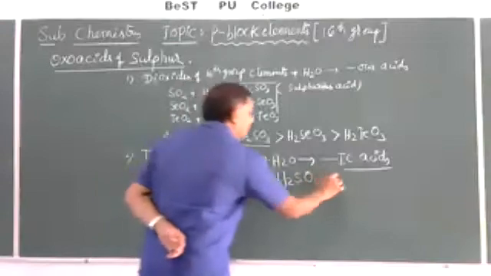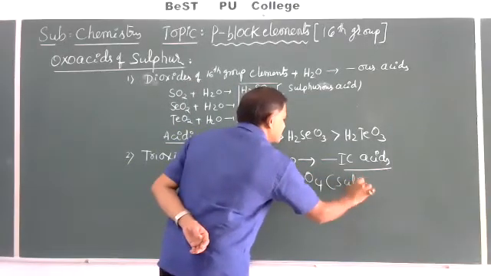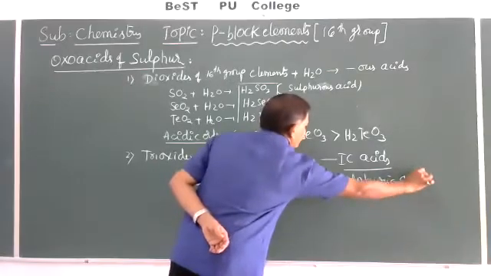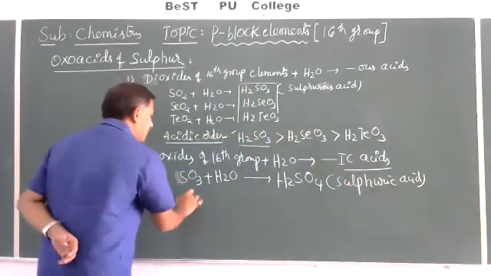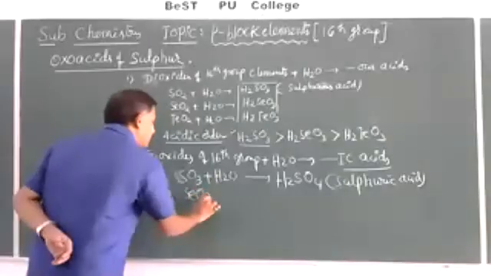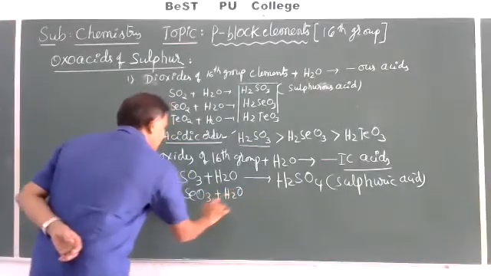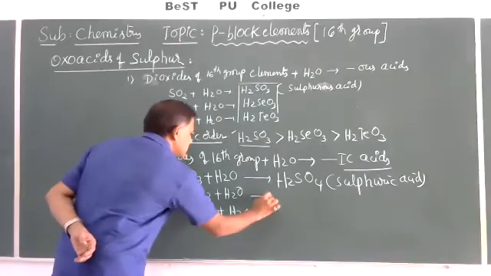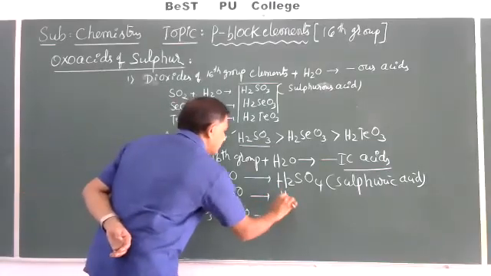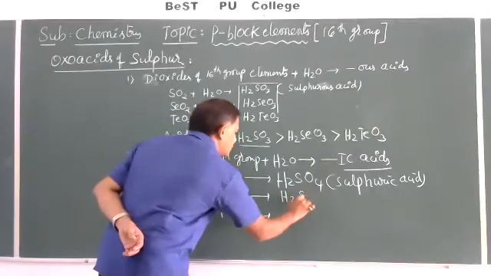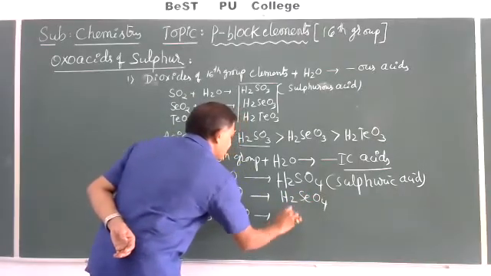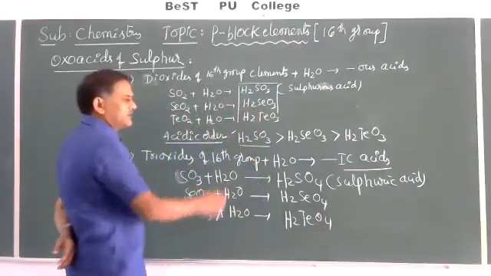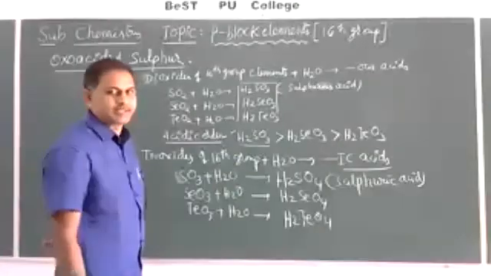Name is sulfuric acid. Similarly, SeO3 plus water and TeO3 plus water give corresponding ic acids. They are H2SeO4 and H2TeO4, selenic acid and telluric acid.